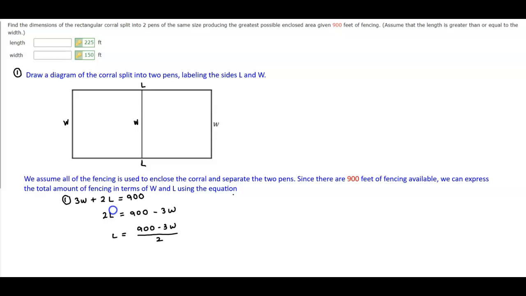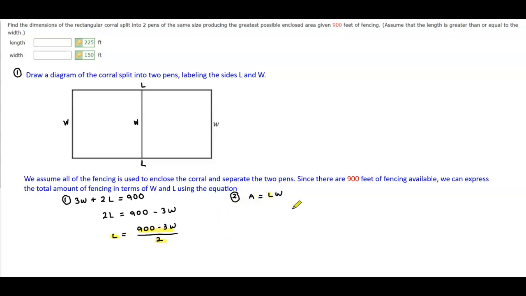Now the next thing we need to do is write this in terms of the area. So we know that the area is equal to the length times the width. We figured out that L represents 900 minus 3W over 2, and we're going to plug it into the area formula.